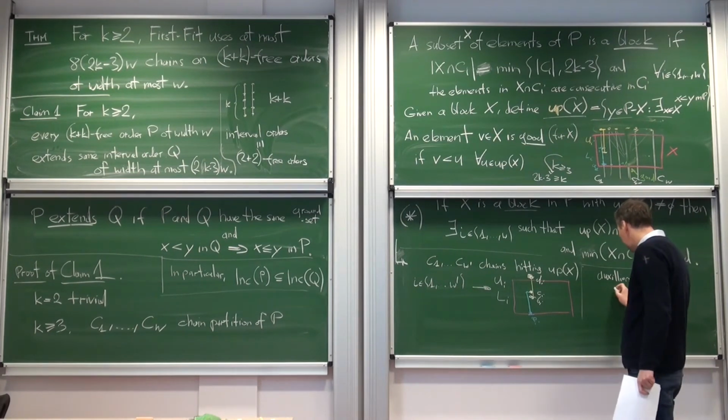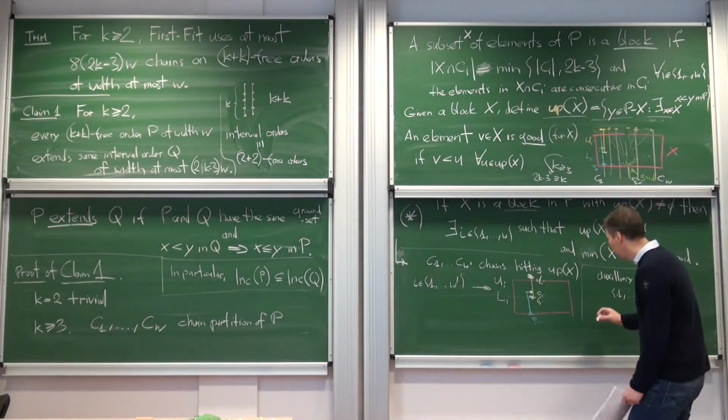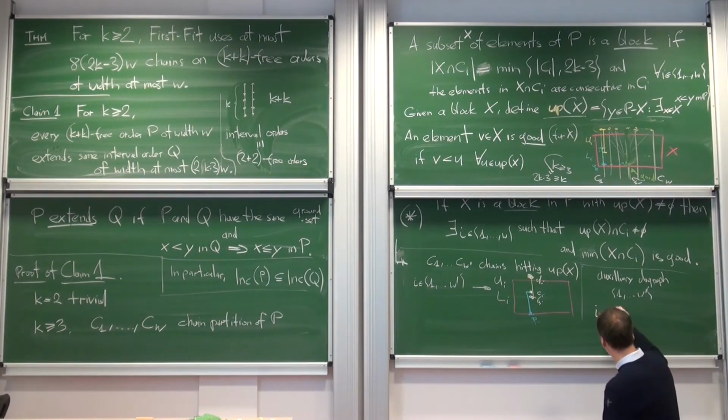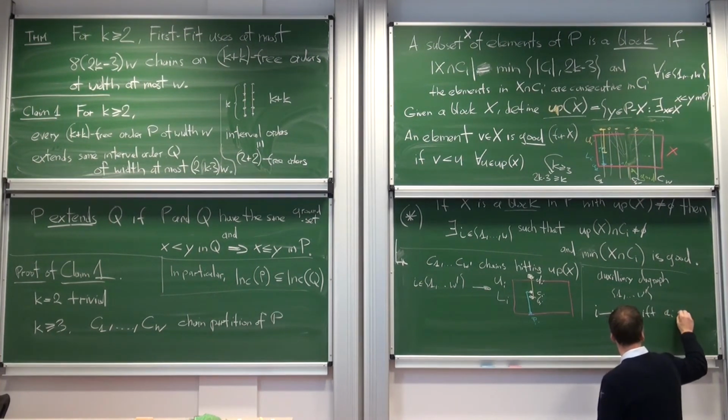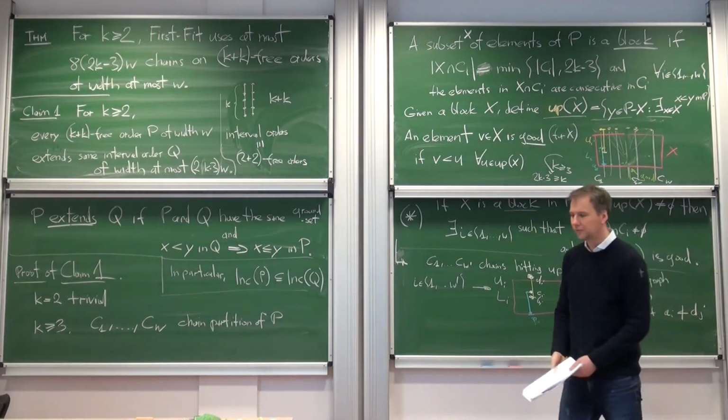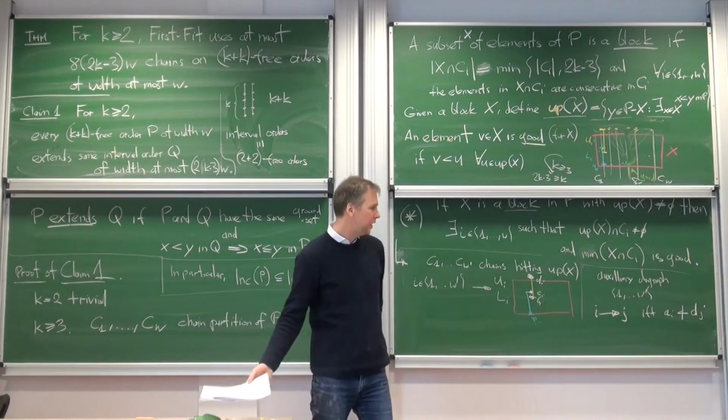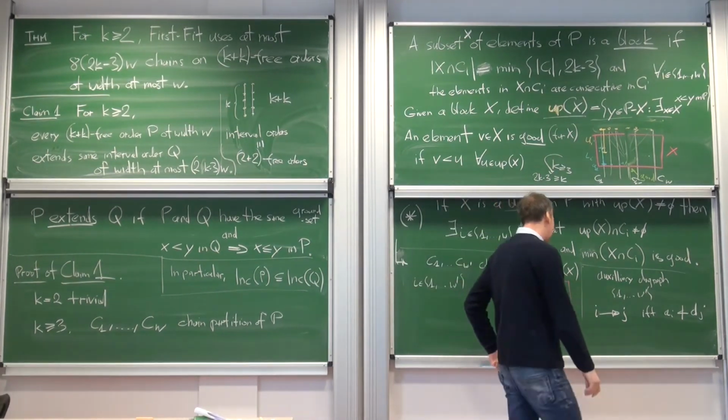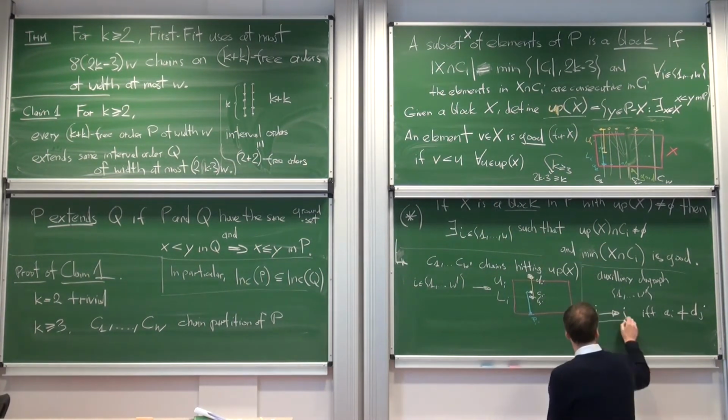The digraph will be on indices from 1 to W prime, and we will send an edge from i to j if and only if Ai is not less than Dj. The quick observation here is that the digraph is acyclic.